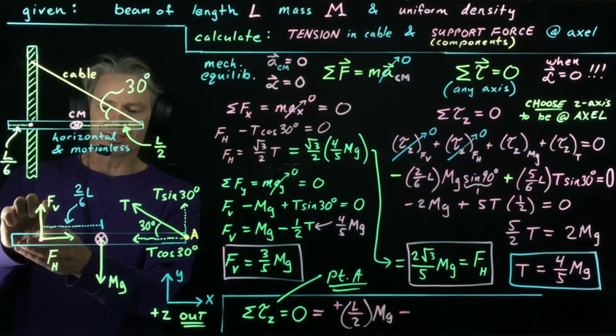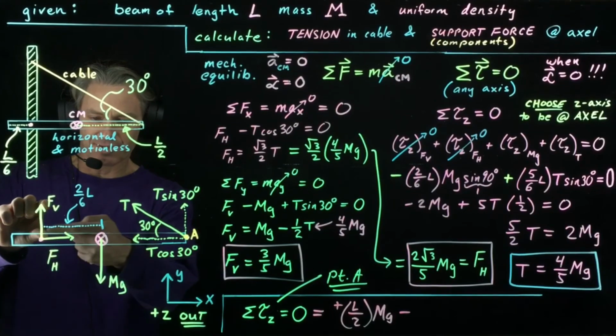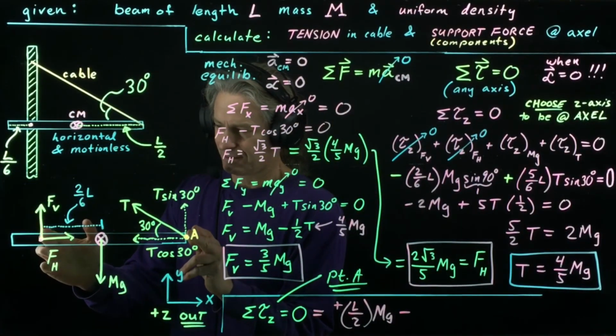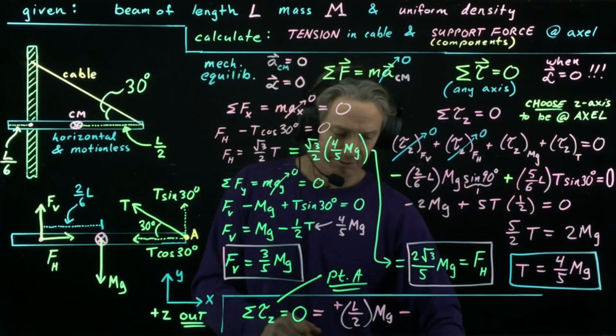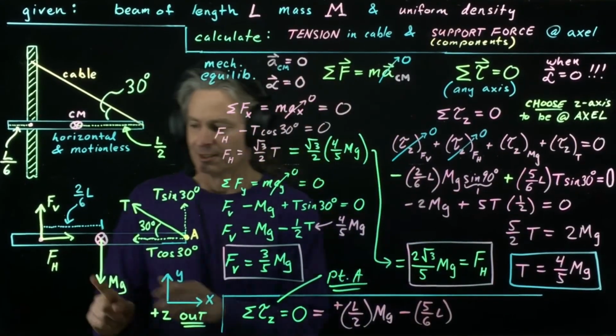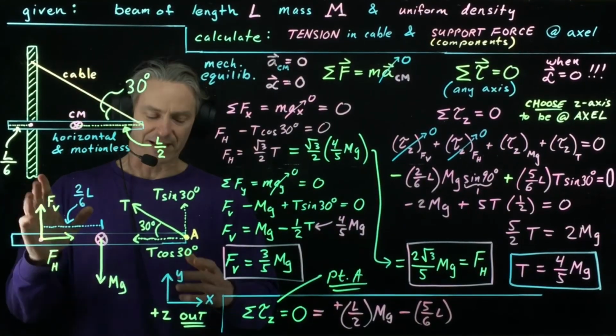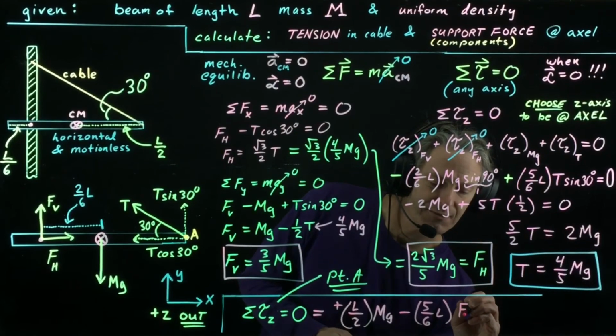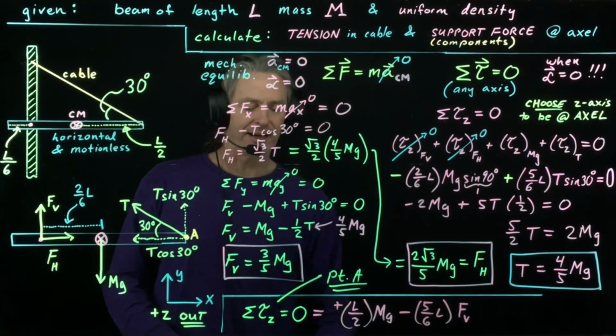Now, this is entirely perpendicular to this, so I'm going to have this length, which is 5/6 L, times this amount of force. That's my F perpendicular, that's F sub v. And there I have it.